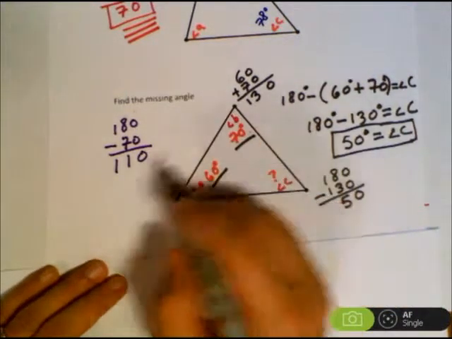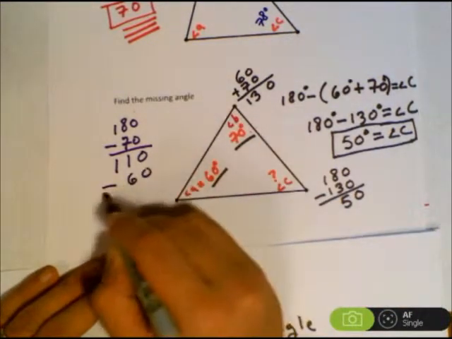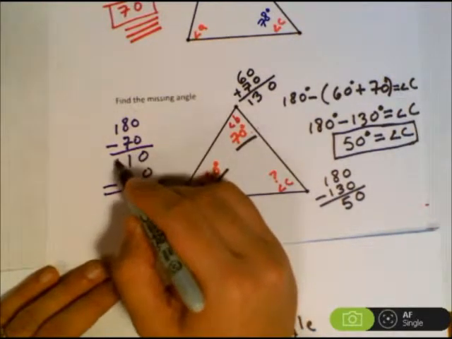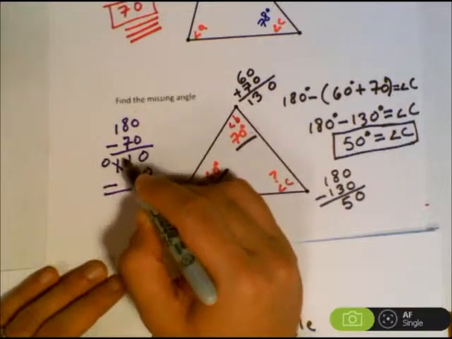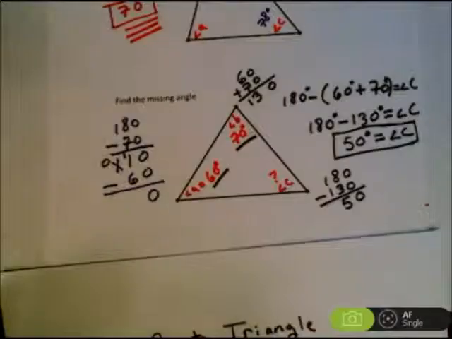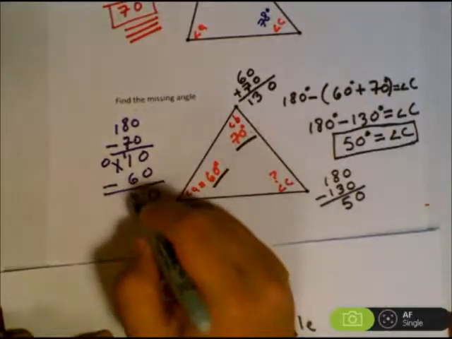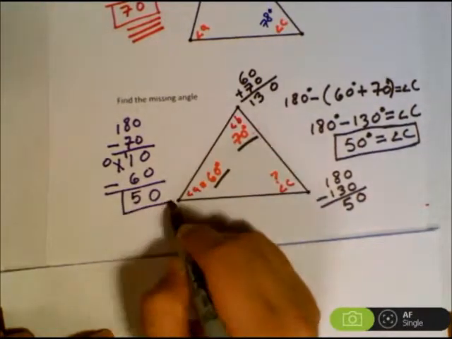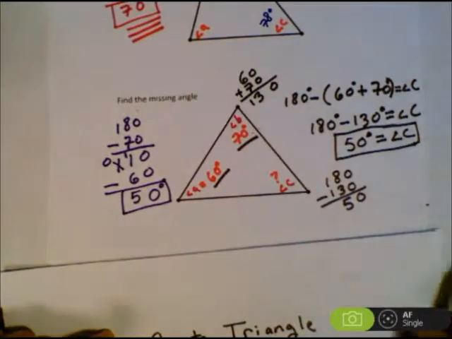How much do I have left? Minus 60, 0 minus 0 is 0. I can't take 6 from 1, so I have to borrow from this 1, and I'll have 11. 11 minus 6 is 5. So my answer is 50 degrees.